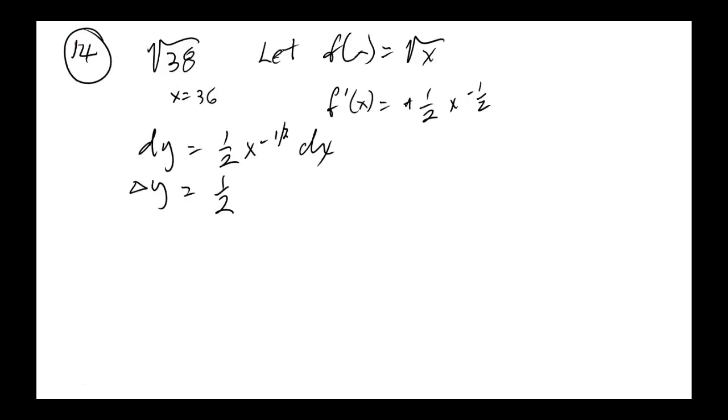So it'll be 1 over 2 times the square root of 36, times the delta x, which is now 2. Okay, dx would then be times 2. Those go out, and the change of y would be 1 over 6.